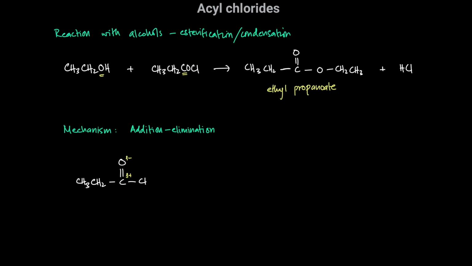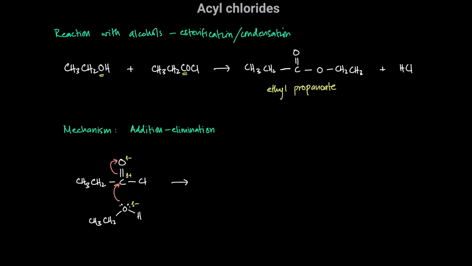So we have ethanol here. So we have CH3, CH2, and an oxygen. Again, this oxygen has a partial negative charge. In the first step, this nucleophile attacks this partially positive carbon, and at the same time the pi bond breaks. This is the addition stage of the reaction.